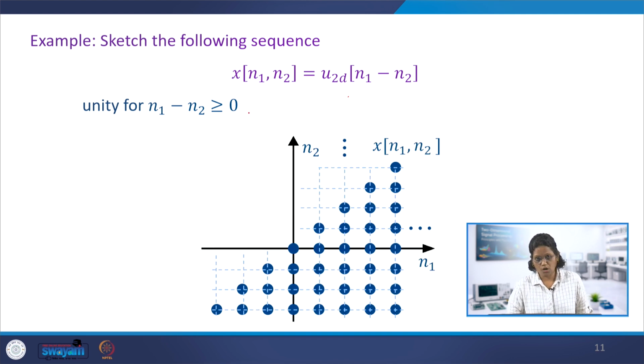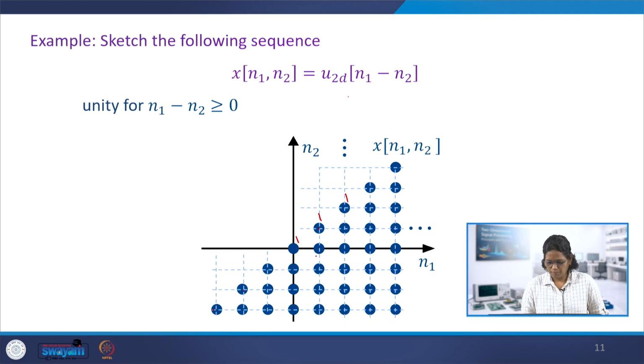In that case, how would the sequence look? Here you can see that where n1 and n2 are equal, the unit step will have the value 1. So these are all 1: n1 equal to 0 and n2 equal to 0, n1 equal to 1 and n2 equal to 1, and so on. In this fashion the diagonal is all 1.